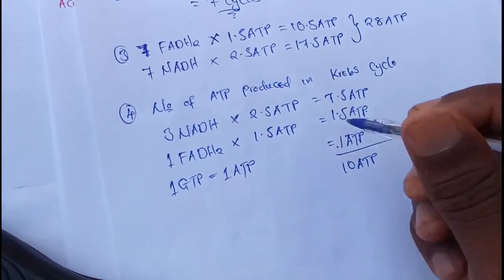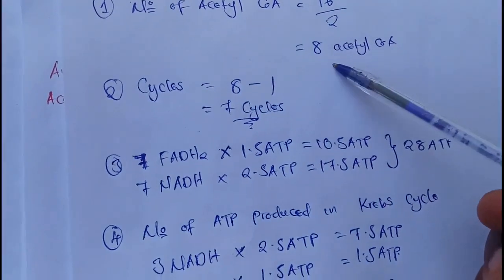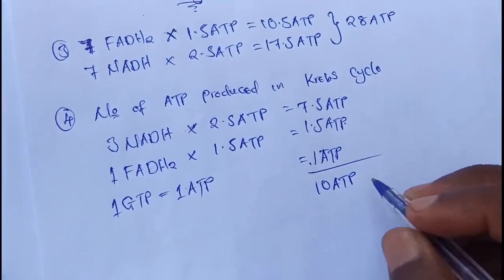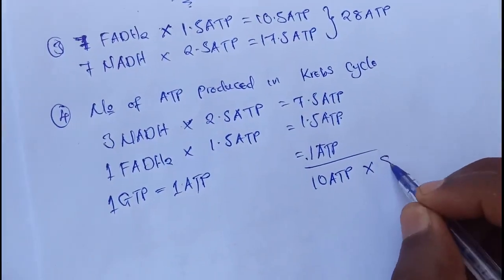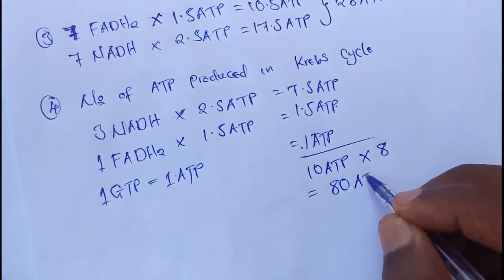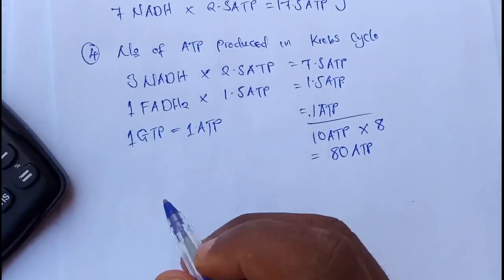But then, remember how many acetyl CoA had we determined? We determined 8 acetyl CoAs. So meaning that we will find 10 multiplied by what? By 8, which should give us how much? 80 ATPs.